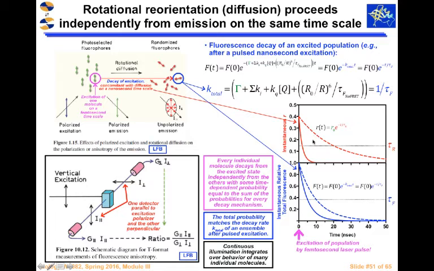Other things might affect rotational reorientation rate, like viscosity, like temperature, like formation of larger macromolecular complexes that rotate more slowly. But the rotational reorientation rate is not affected by the fluorescent process. The rotational reorientation rate can be described by rotational reorientation as it affects anisotropy.